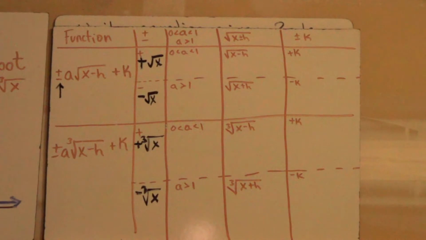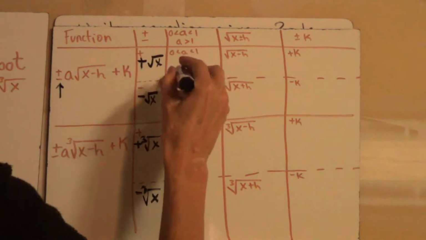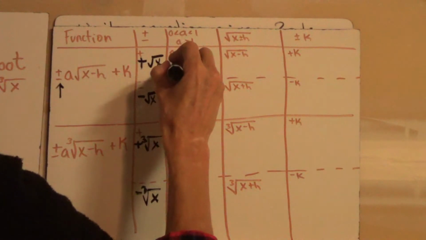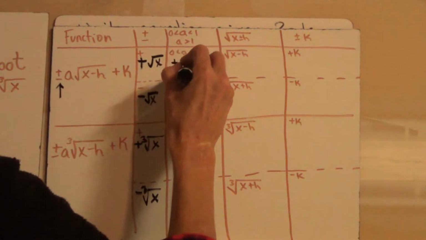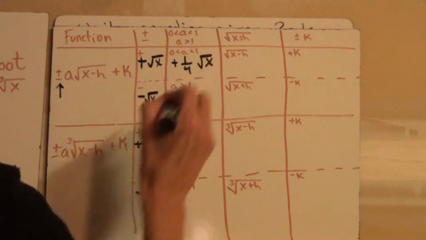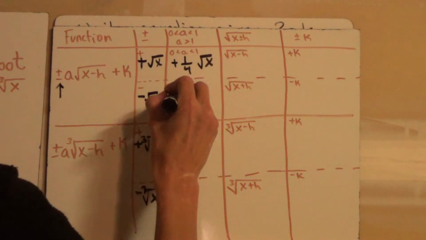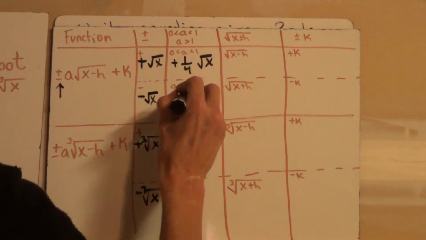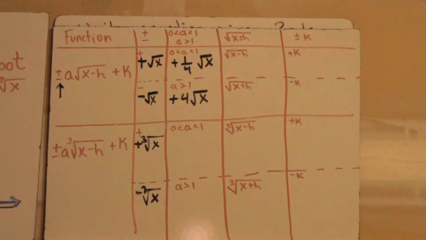Next up, I want you to go here and put a 1/2 there. Or let's go even more drastic. Let's go plus 1/4 square root x. And then I want you to do a plus 4 square root x, and see what the difference is.